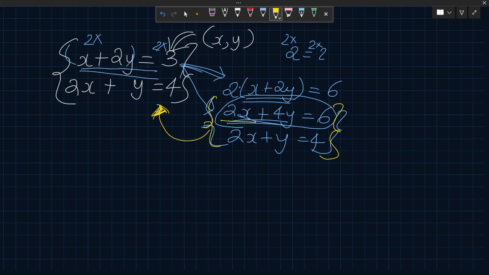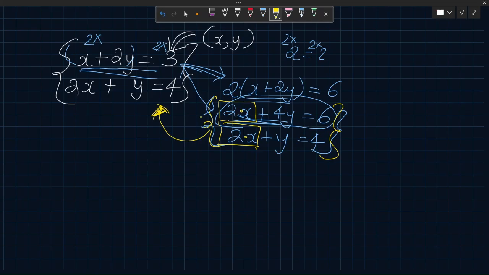However, note that now the coefficient of x is the same in both equations. 2 times x plus 4y is 6, and 2 times x plus y is also 4.